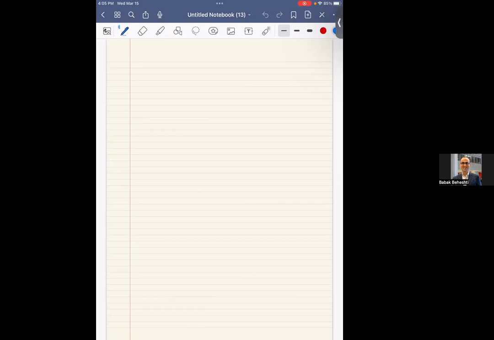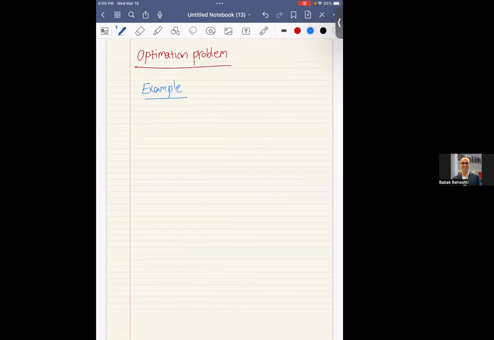So, more examples of optimization problems. Here is an example. Imagine that a factory wants to make a cylindrical can.